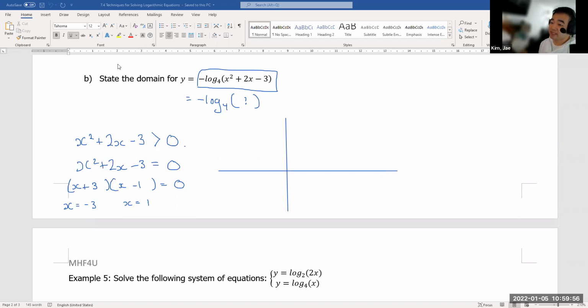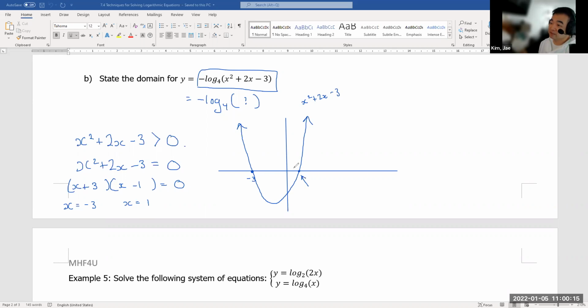So this is grade 10, where you are able to identify x-intercepts, right? And using the x-intercepts, you can make a quick sketch of your parabola. This parabola is x squared plus 2x minus 3. I hope you agree.